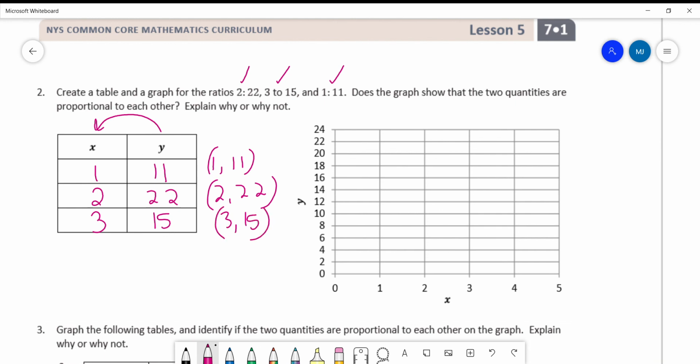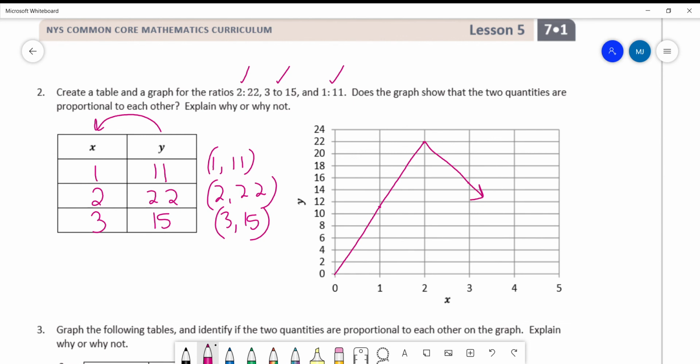So we're going to plot these points over here. We have 1 and 11. So 1, have to estimate, there's 11, 2 and 22, and then 3 and 15. Alright, so even if we start at 0, and we go through this one and this one, what do we have to do? Well, we have to come back down.